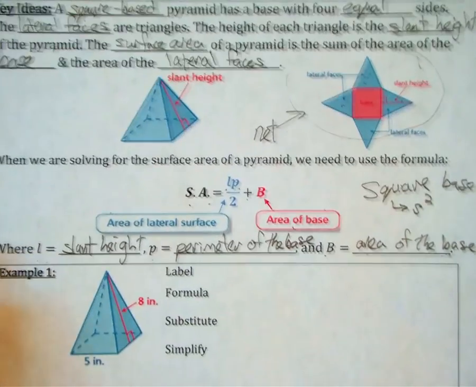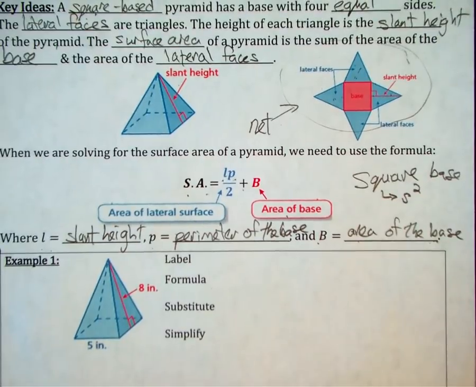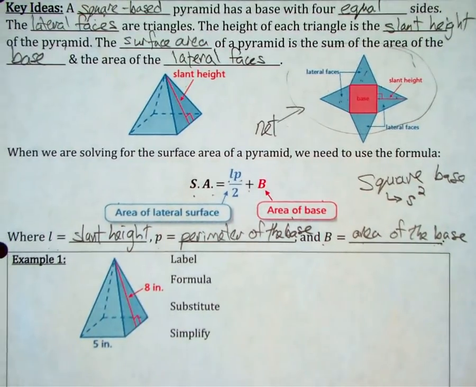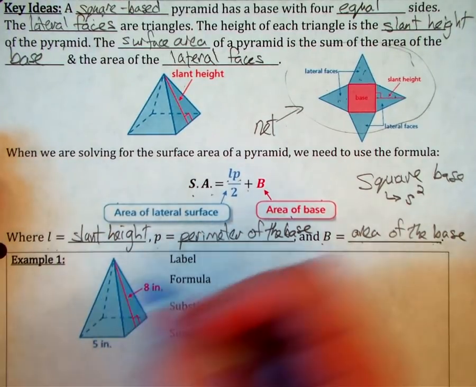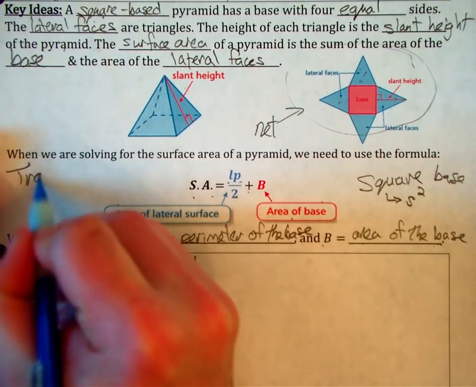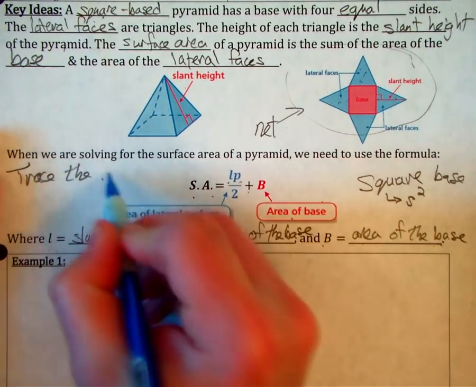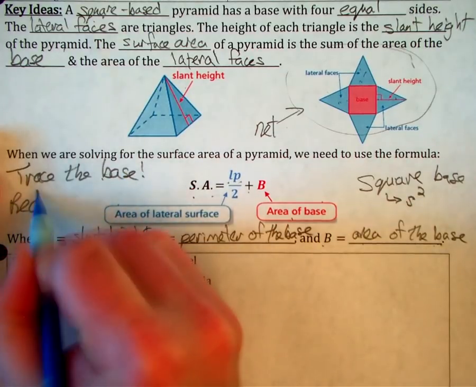And a key idea, let me actually move this up for you guys, that way you can see a little bit better. There we go. Alright. As soon as you see a problem like this, you want to make sure that you can trace the base, and redraw the base.